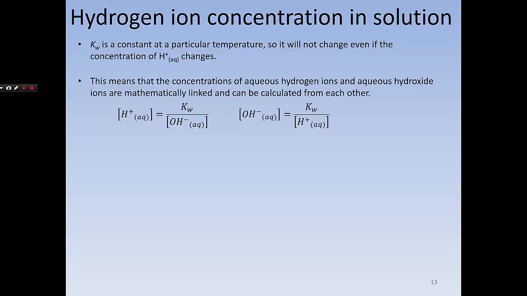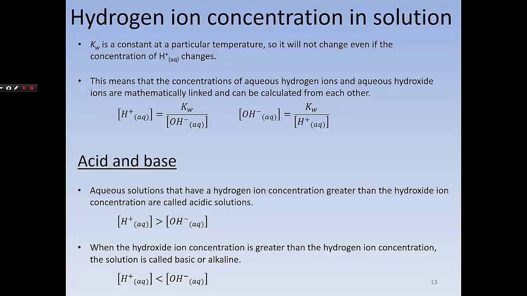But if we introduce either extra hydrogen ion or hydroxide ion into the system, their concentrations will be different, but they still have a direct relationship through this ionic product of water. So if we know the concentration of hydroxide ion, we can calculate the concentration of hydrogen ion and vice versa.